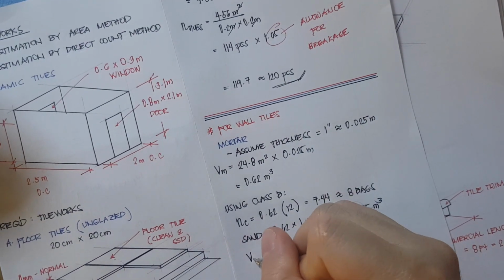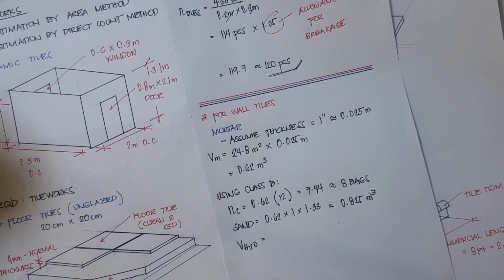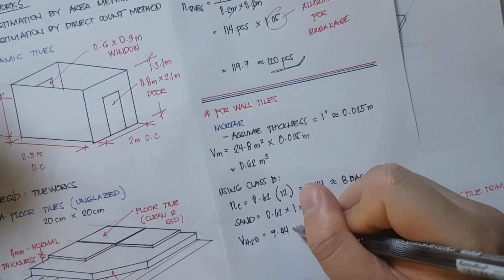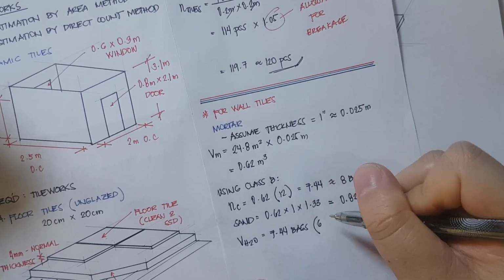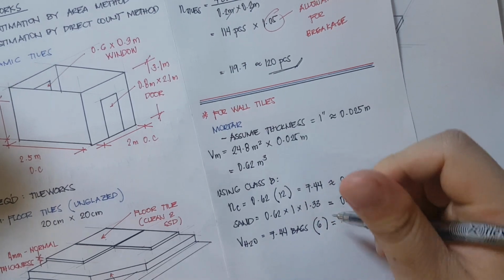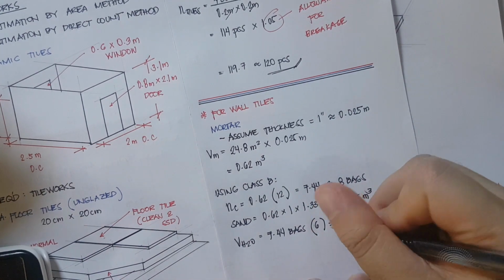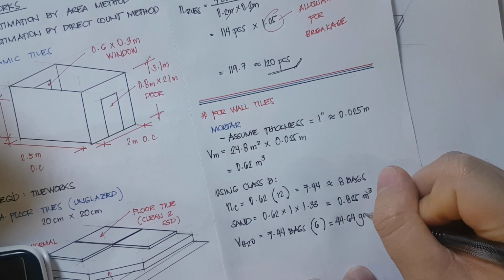Then for the volume of water, we have 7.44 bags times 6, and that is equivalent to 44.64 gallons.